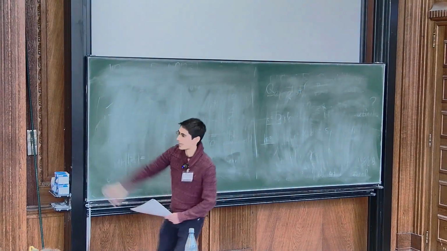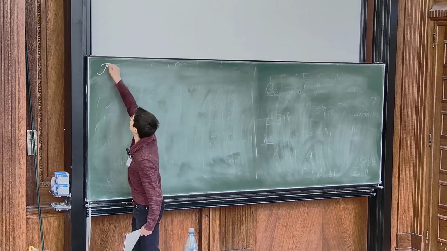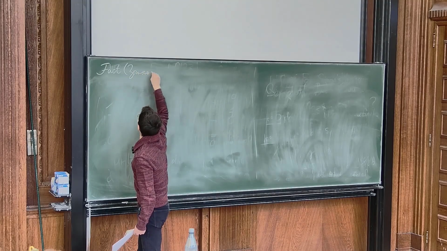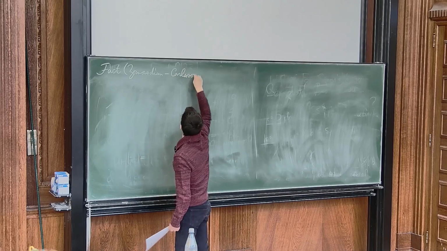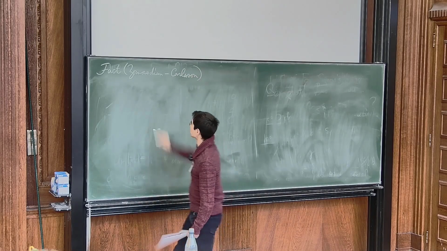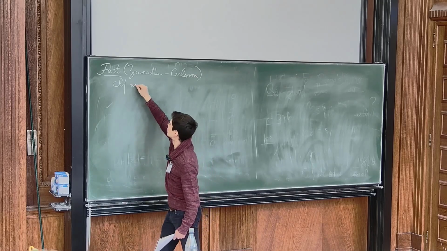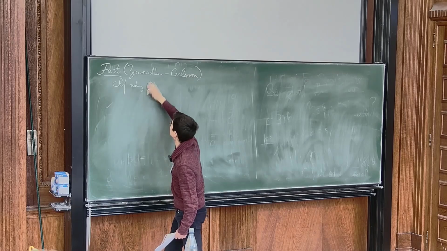But here's a way to make sense of all this data. This is due to Zomorodian and Carlsson. First of all, we have to assume that we're using field coefficients. If we're not, then things are more complicated.